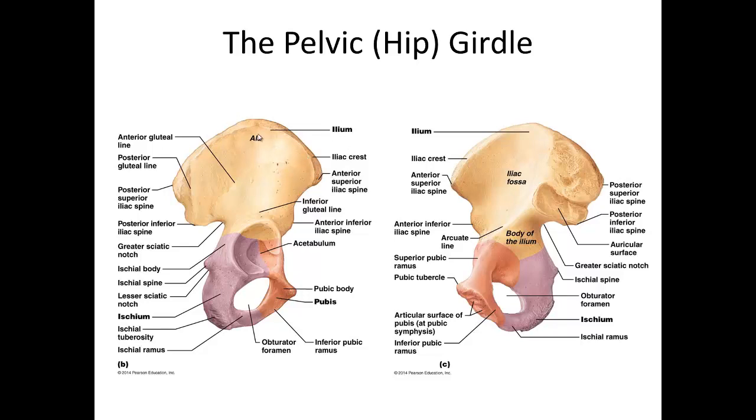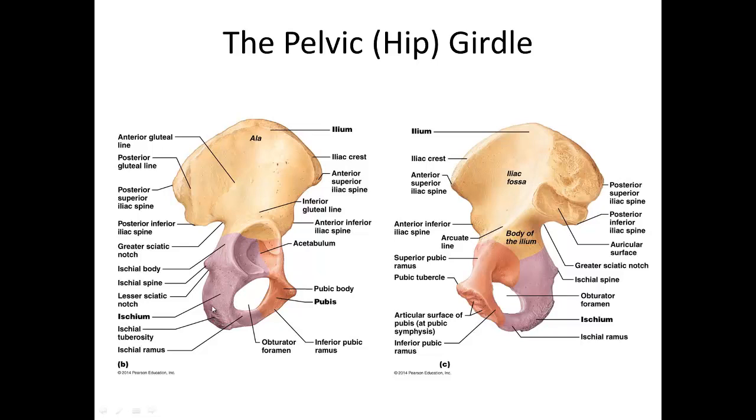And the flat surface posteriorly serves as an attachment site for a lot of the hip muscles, primarily the hip extensors and abductors. And if you notice, the 3 bones really join in the acetabulum, which is the articular surface for the femur. So the femoral head actually articulates technically with 3 different bones.